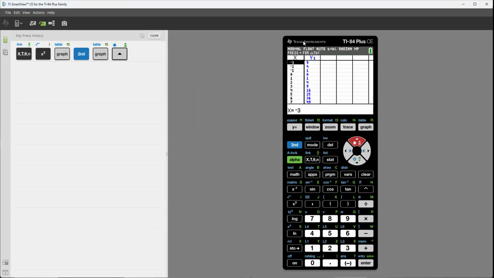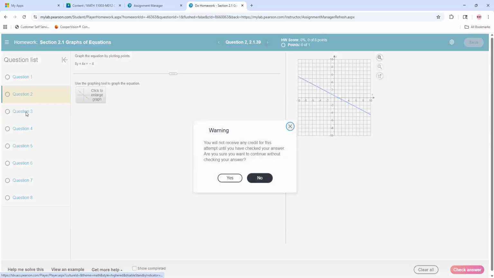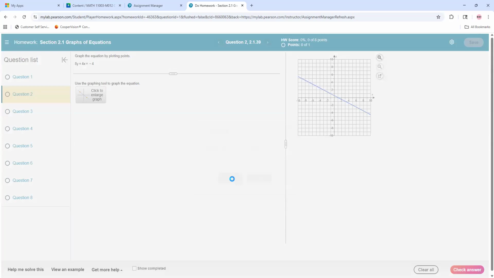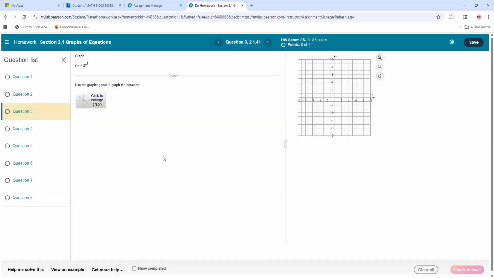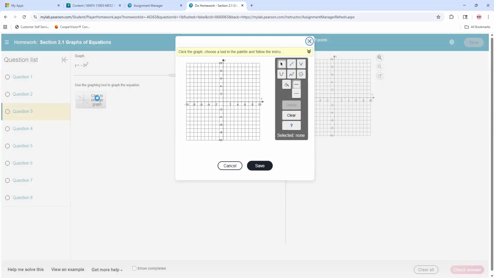Alrighty, then let's go to MATLAB and we'll try one in MATLAB. I'll show you how to graph it. So that'd be like y'all's number 3. All right, click the enlarge graph. Now remember, I'm not doing their problem. I'm doing mine, which was just x squared.